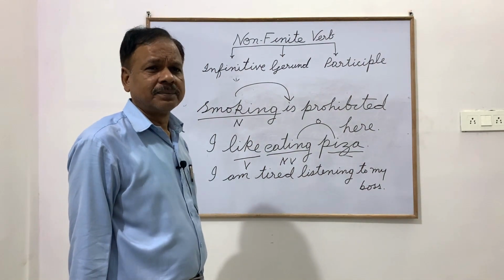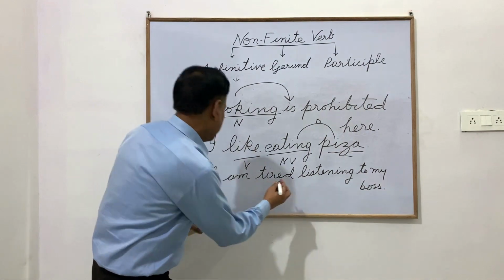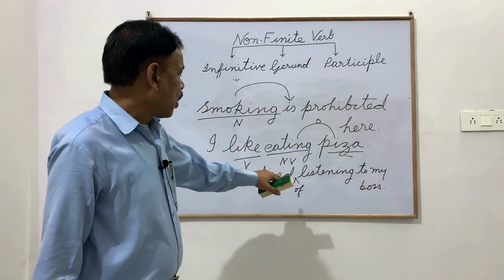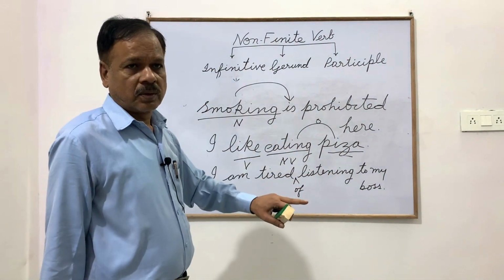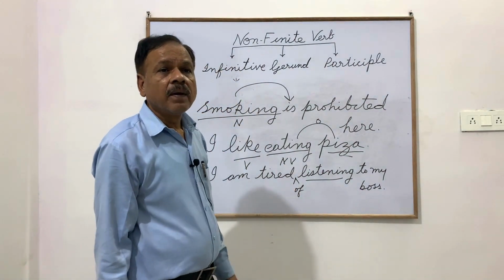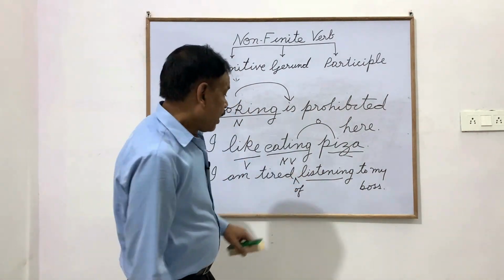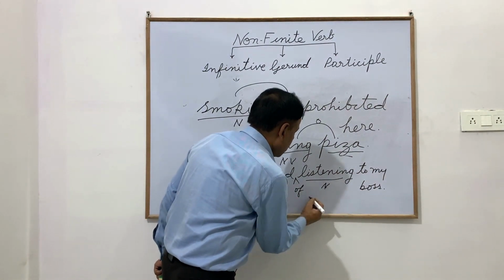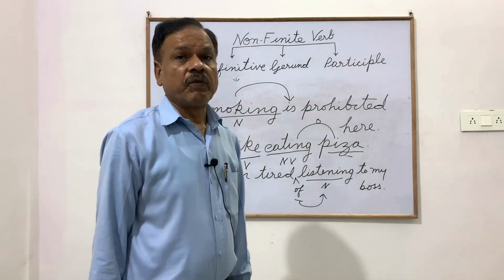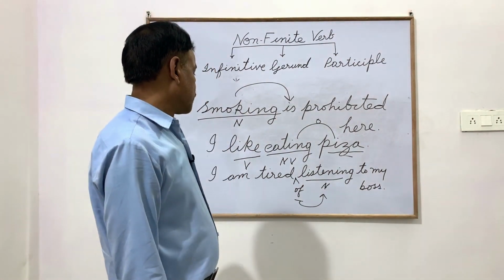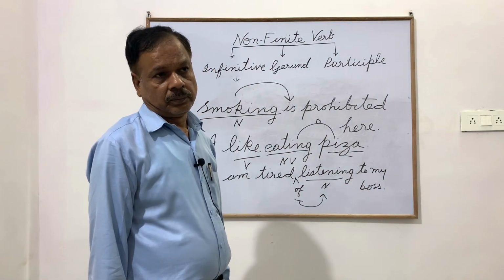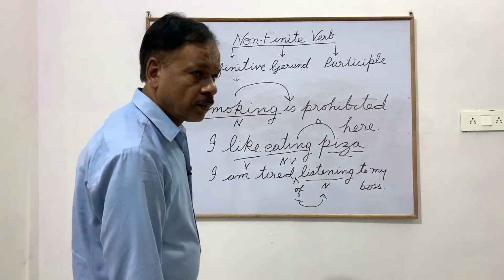Most people are. So here, see, I'm tired of. I'm tired of listening to my boss. So here, this listening is the object of the preposition of. As an object of the preposition of, it is functioning as a noun. Got it?